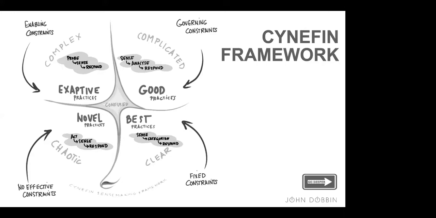So when we have a clear problem, when there's a clear line between cause and effect, we can use best practices. To go back to my example, if we're running low on storage, the best practice says that we're going to put more storage on. It really doesn't take a lot of thinking. It's highly constrained. It's obvious.